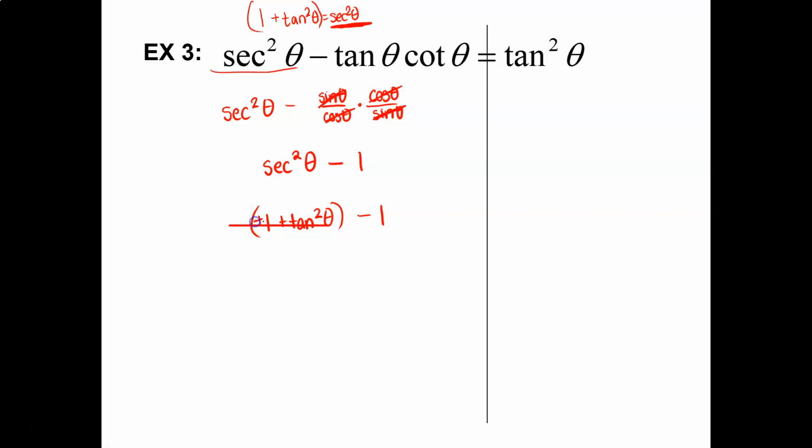The positive 1 right here is going to cancel with the negative 1 right here, and I've just got tangent squared theta, which is what I have on the other side. That is definitely not the only way to do that problem. There's lots of other ways that you could do this problem. But rather than do this problem over and over again, we're going to keep going because we'll see lots of problems for these, so you'll see some more strategies come about.